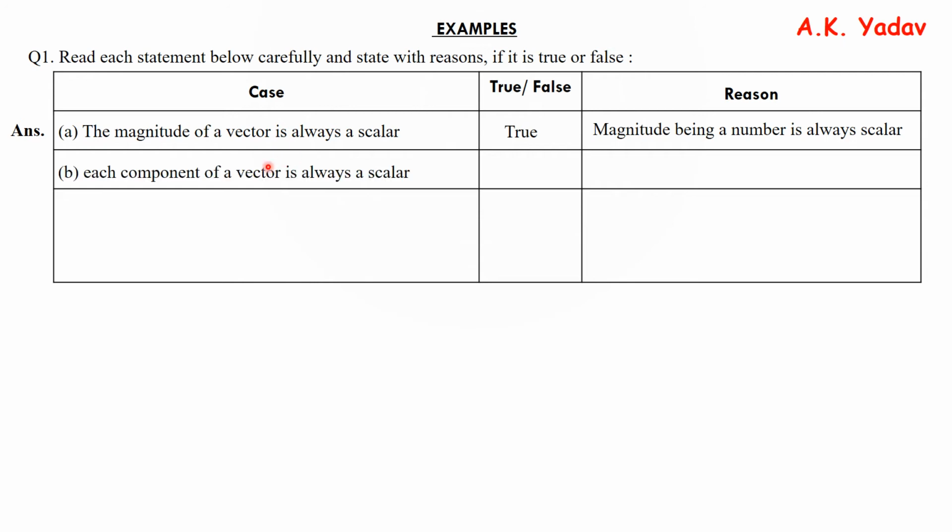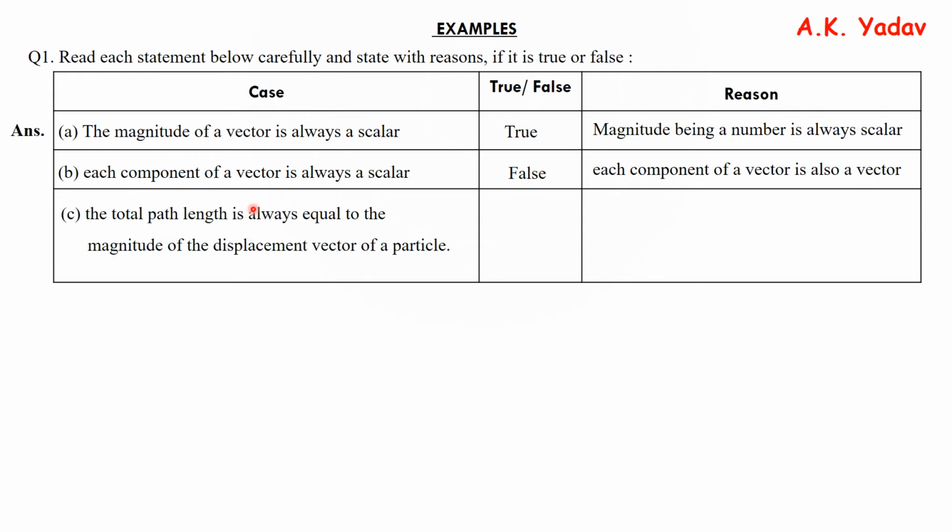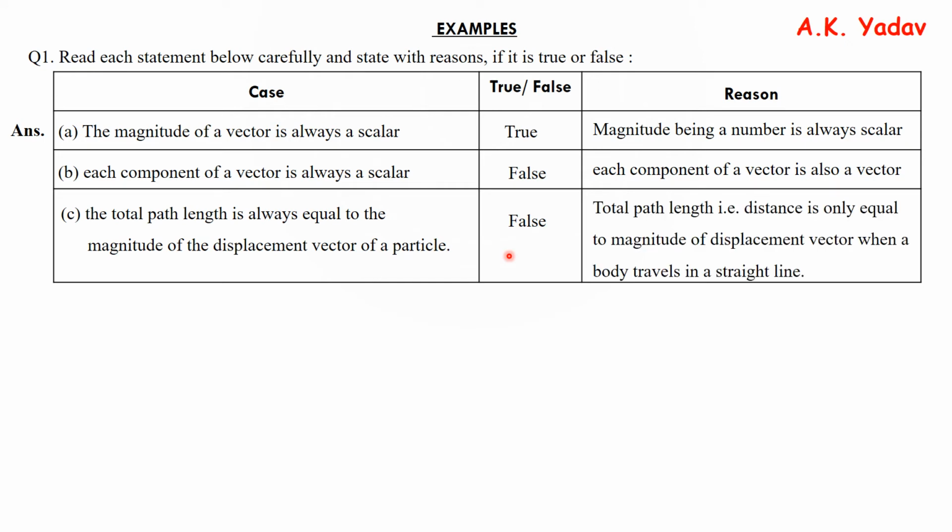B part: each component of a vector is always a scalar, which is false because each component of a vector is also a vector. C part: the total path length is always equal to the magnitude of the displacement vector of a particle, which is again false because the total path length, that is distance, is only equal to the magnitude of the displacement vector when a body travels in a straight line.